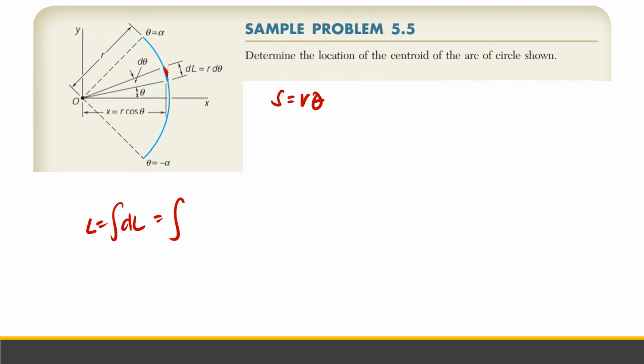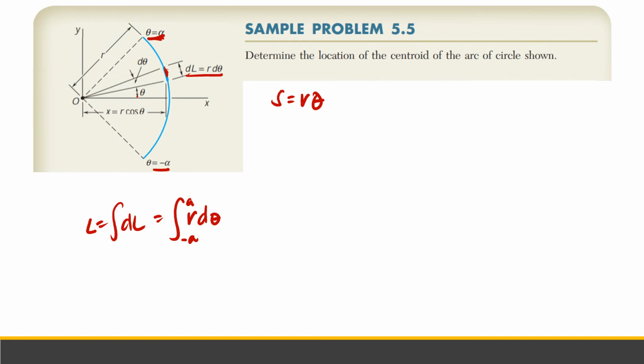So sa case natin, dL is equals to r d theta from, of course, positive na alpha and negative na alpha. So this is a polar coordinates na. So this is in terms of radius and angle na, from negative alpha to alpha.